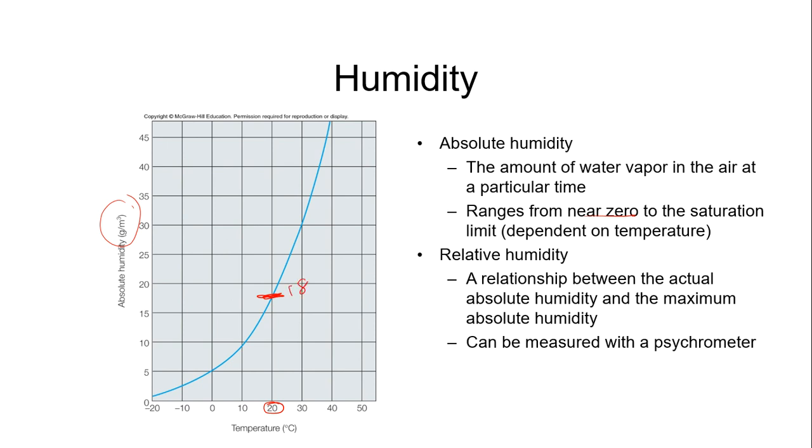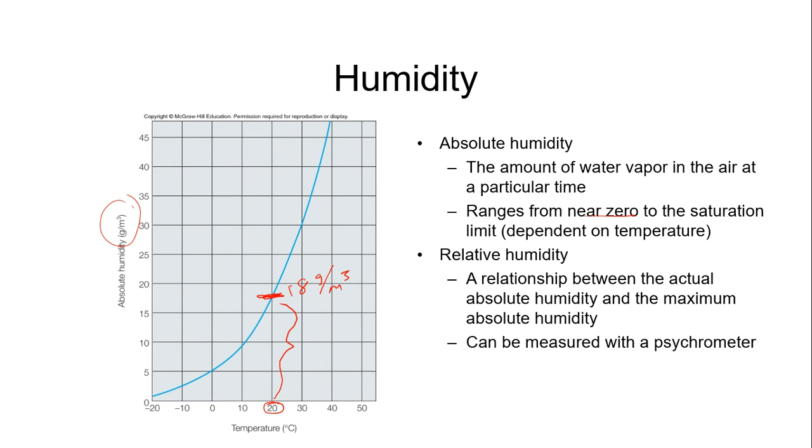In other words, the air at 20 degrees Celsius can hold anywhere between 0 grams per cubic meter and 18 grams per cubic meter. We can have any amount of water when the outside temperature is 20 degrees Celsius, between 0 and 18.